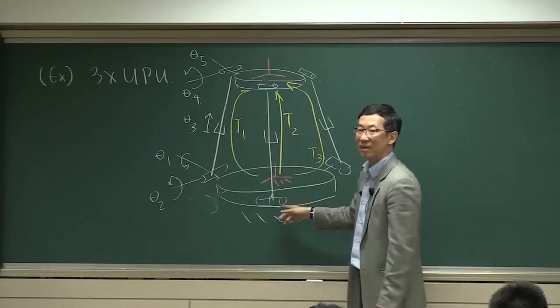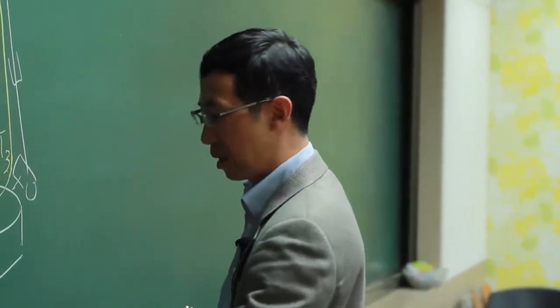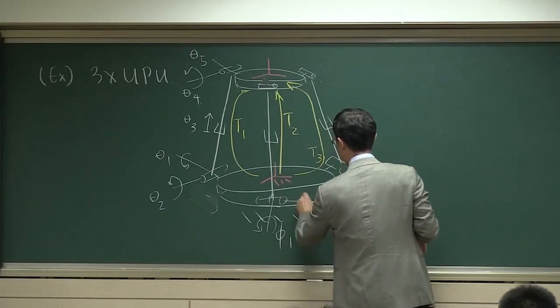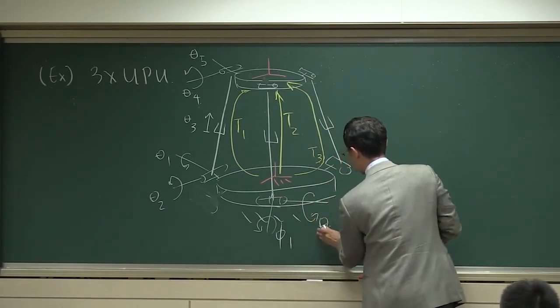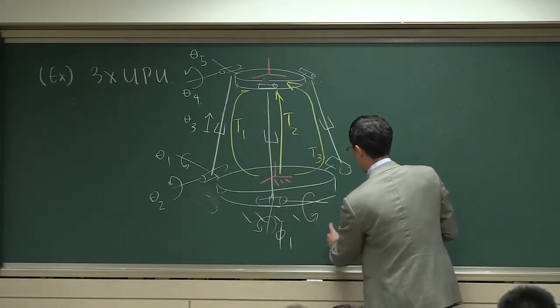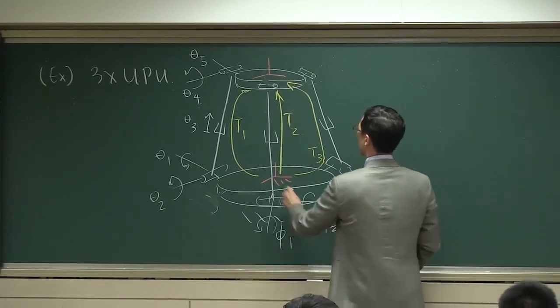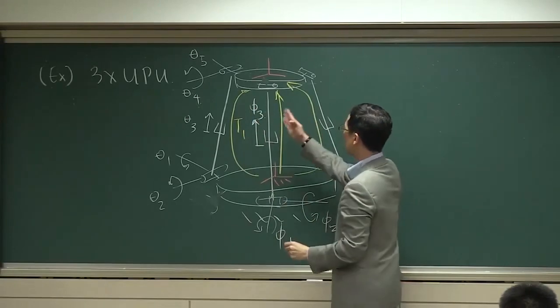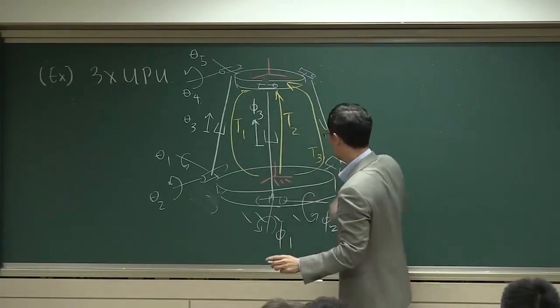Let's use a different letter. Let's call the joints in chain 2 phi. So phi 1 would be coming out, here's phi 2, here is phi 3, phi 4, phi 5.